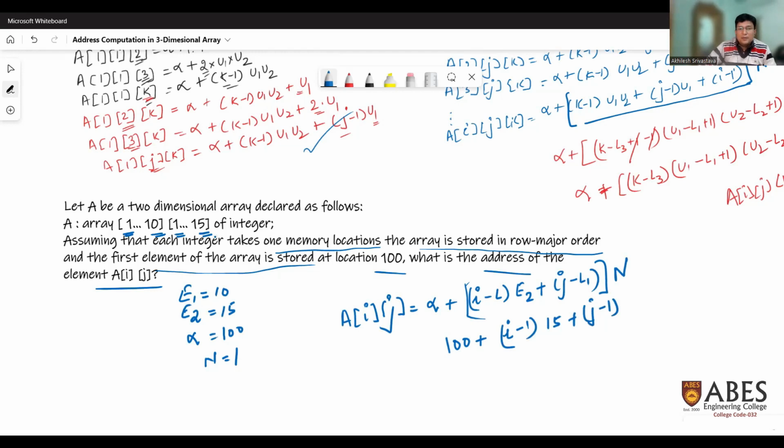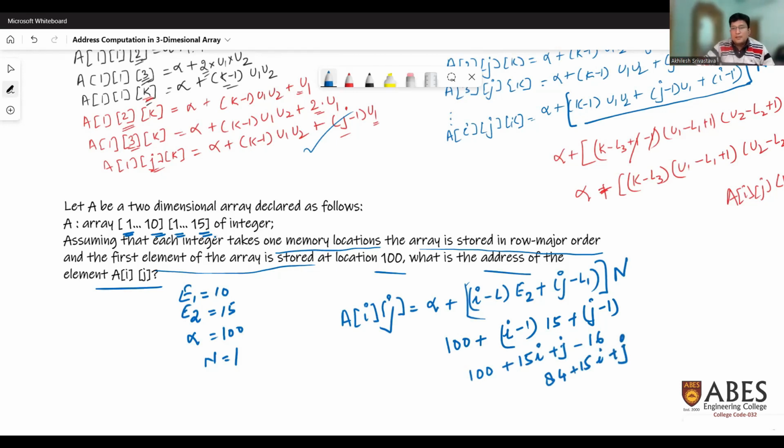And if we multiply 1 with the entire quantity, it will be the same. So this becomes equal to alpha plus 15I plus J, and minus 15 and minus 1 will make it minus 16. So this becomes 84 plus 15I plus J.